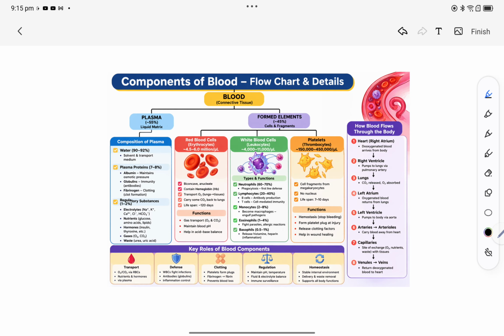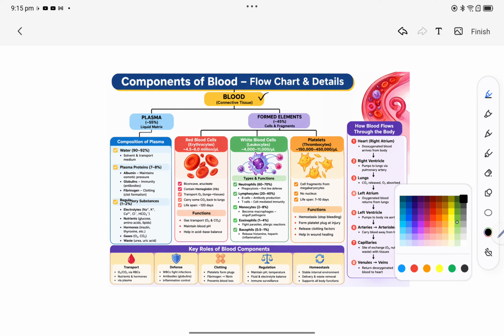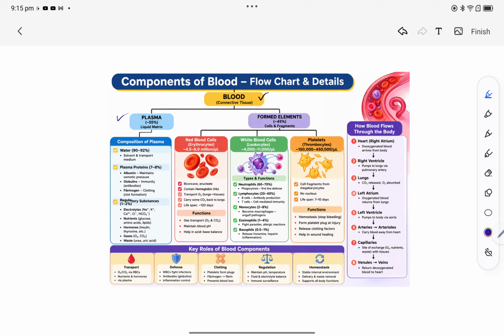In this one we can see that blood, which is a connective tissue, is made up of plasma, as I have told you earlier, and formed elements. So 55% is plasma and 45% is formed elements. In that 55% plasma, 90 to 92% is water. Then we have the plasma proteins: albumin, globulin, fibrinogen.